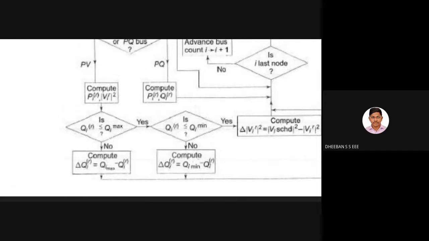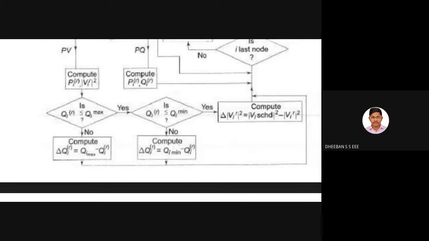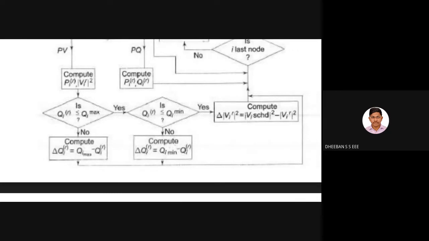After getting this, you have to check for your Q limit for your PV bus. This entire part corresponds to your Q limit, the maximum and minimum range, the same thing we have seen with respect to Gauss Seidel.